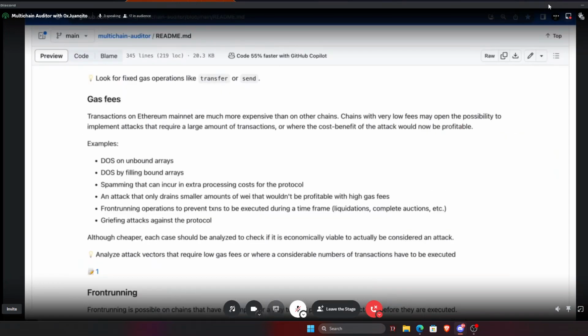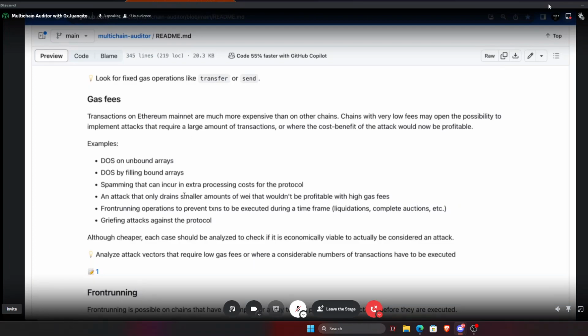And this is possible only if it is economically viable. If every time you try to front run an operation to prevent, let's say, some liquidation or unstaking or some other function that impacts the user, it might be very expensive to do it on Ethereum like 100 times. But on Gnosis chain, for example, it might cost you some cents or $1 to do it 100 times.